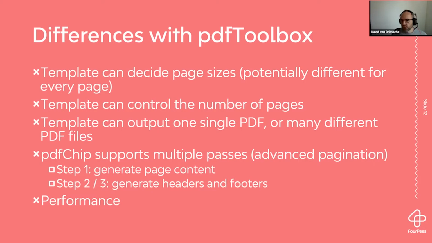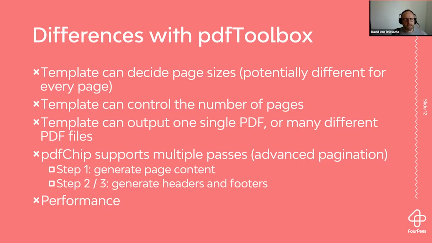But I can do also something like what you just saw in this example template, where I have a one-page HTML file, but using a loop, I just repeat it as many times as I need, and each time I modify the content a little bit to add a QR code. So that's another difference with pdfToolbox, where you can never change the number of pages in the input file.